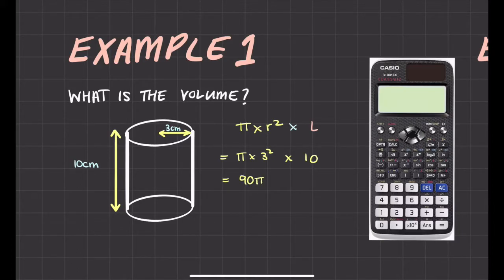So if I wanted an exact answer, I'd give it as 90 pi, but I'm going to round this one, so I'm going to press the button SD there to make it a decimal. So that gives me 282.7 centimeters cubed. Okay, because we're a volume here. So there I've rounded it to one decimal place. Right, that one's quite straightforward.